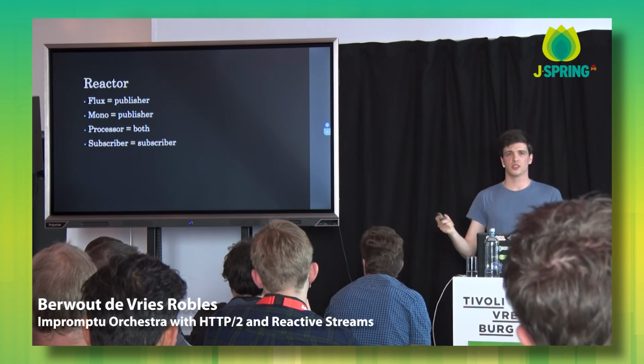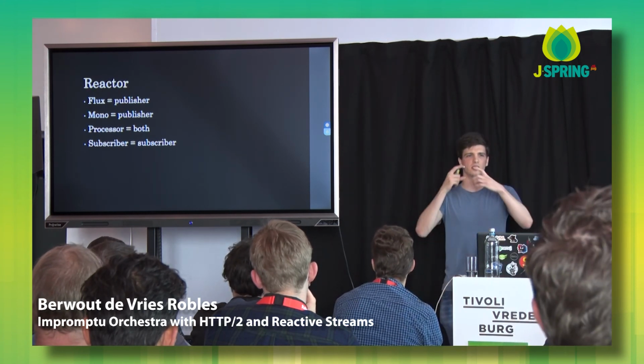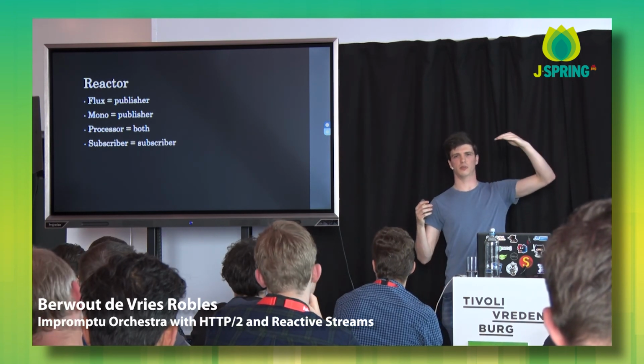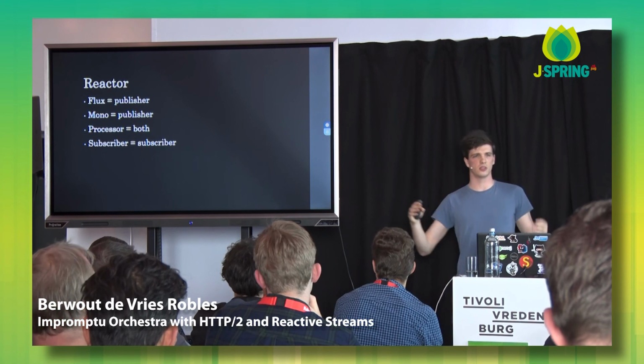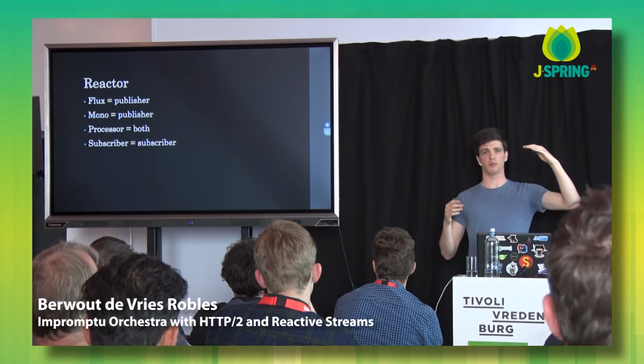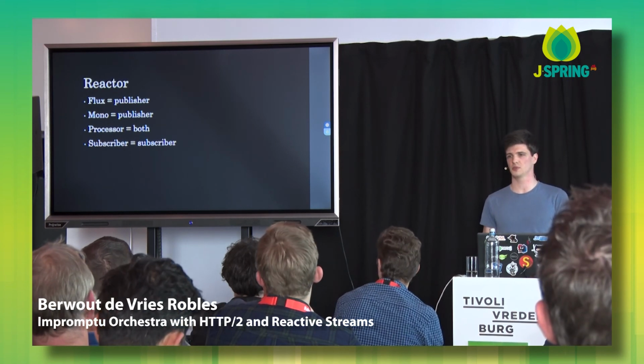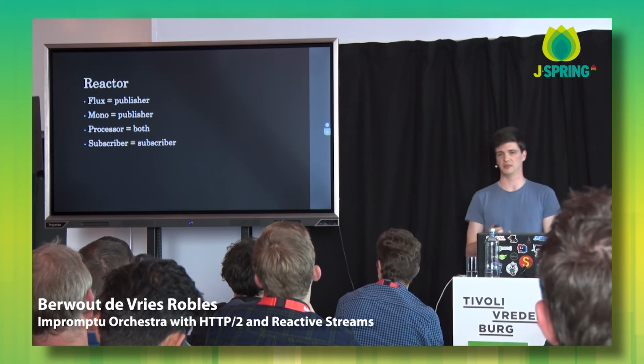There's a processor which is both. It's an in-between block. You basically use it to attach your upstream publisher to a downstream one, so it can publish, but it can also subscribe. And there's a subscriber, which is a subscriber.